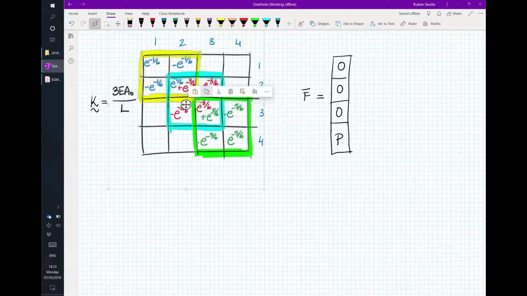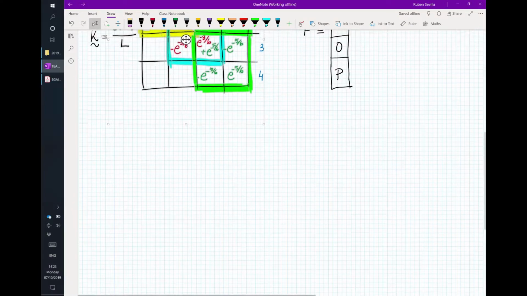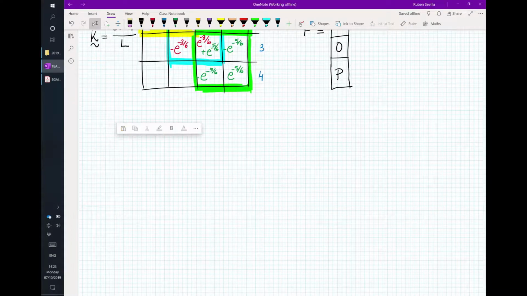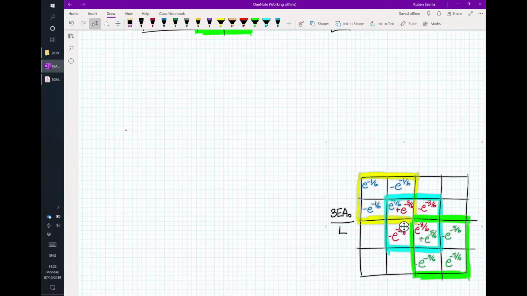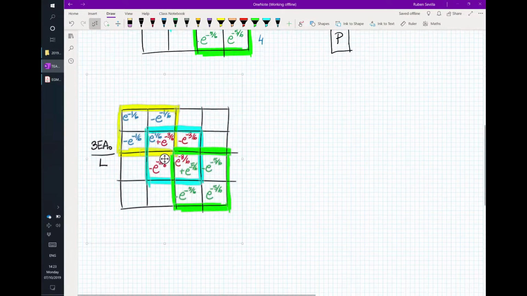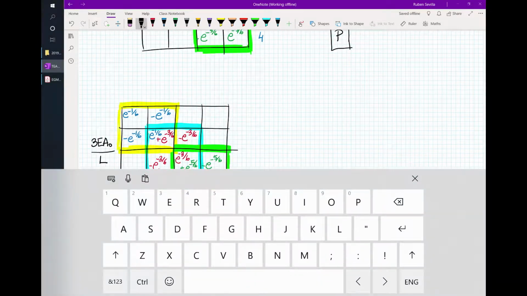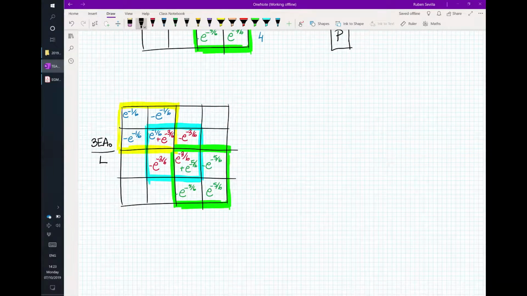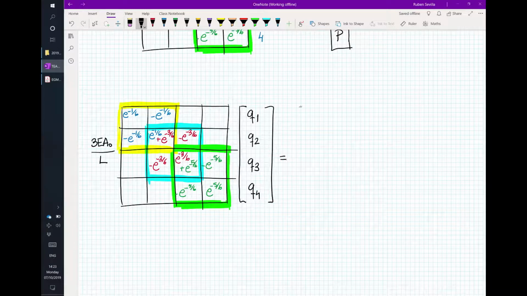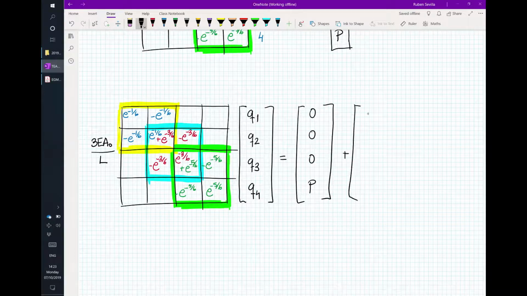Let's write the system completely here. Okay, there you go. So this is my system with a vector of unknowns, which is Q1, Q2, Q3, Q4, and this is equal to 0, 0, 0, P. You let me write it like that, okay?